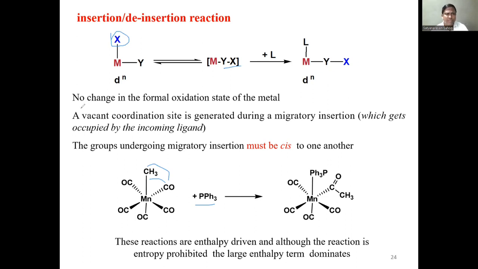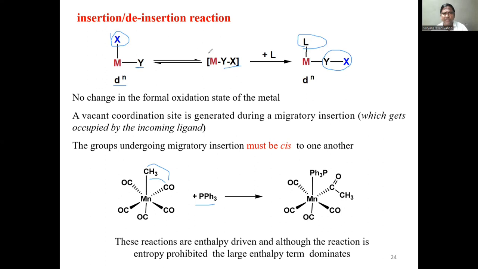So we can see there is no formal change in oxidation state because this was a neutral molecule. For example, if this is methyl, the metal is in +1 oxidation state, and if this is acyl, the metal is still in +1 oxidation state because this is phosphine. So a vacant coordination site is generated during a migratory insertion.